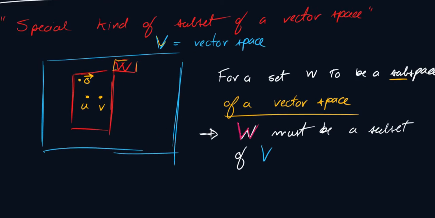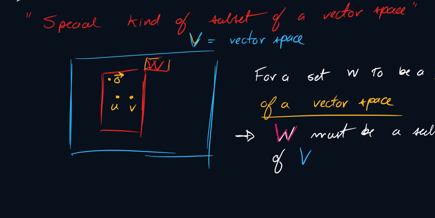The second is that if I have two vectors U and V in W, then their vector addition U plus V must also belong to W. And if I take V and scalar multiply it by a scalar C, then that scalar multiple should still be within my vector subspace W.